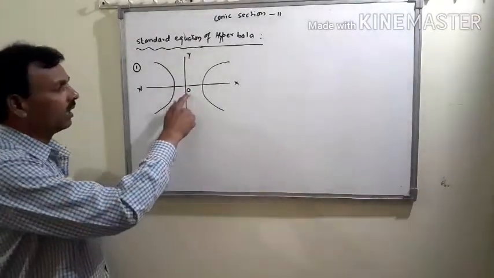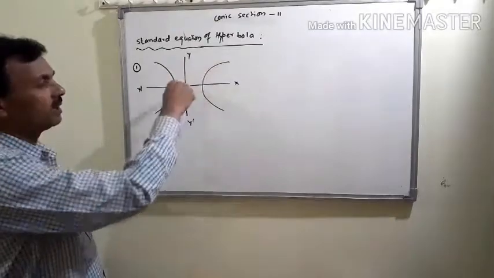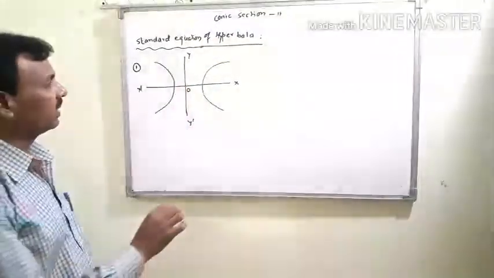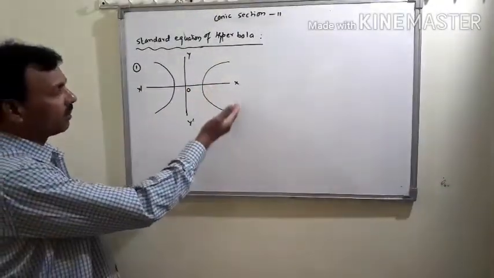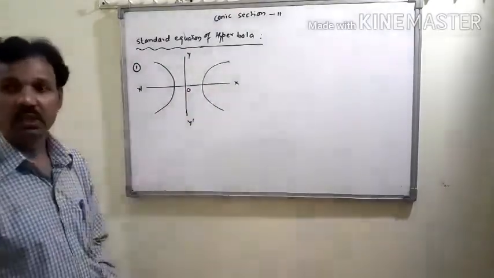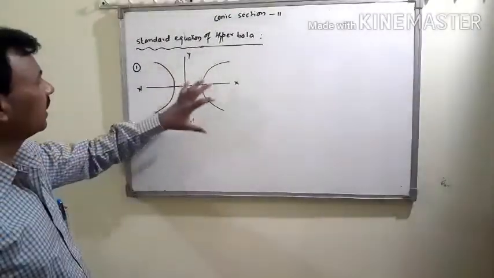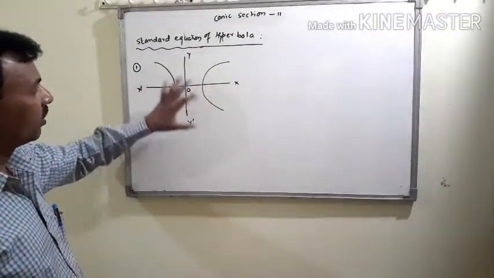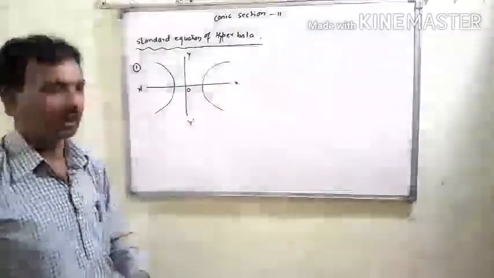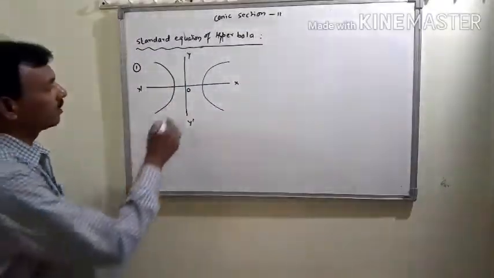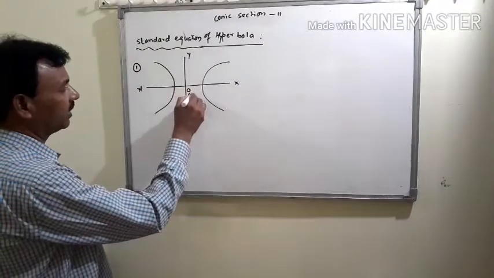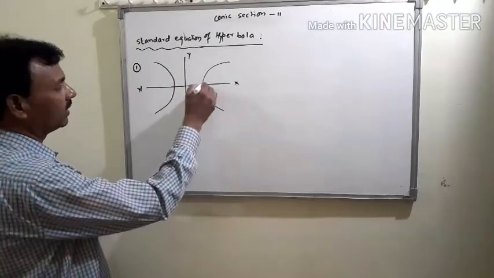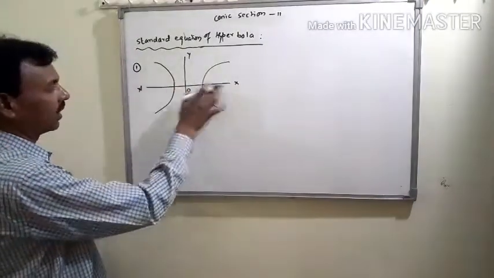Then origin is the center of this hyperbola. That means if the center of the hyperbola lies on the origin, then this is the first standard hyperbola, the first type of hyperbola. Now the coordinate of center is 0, 0 and this is the transverse axis.